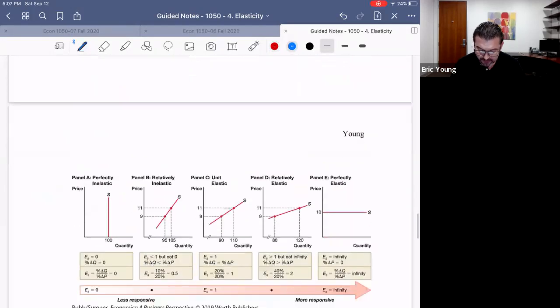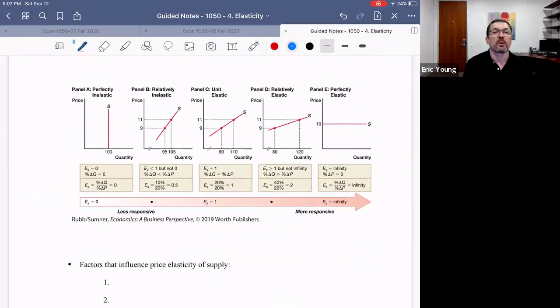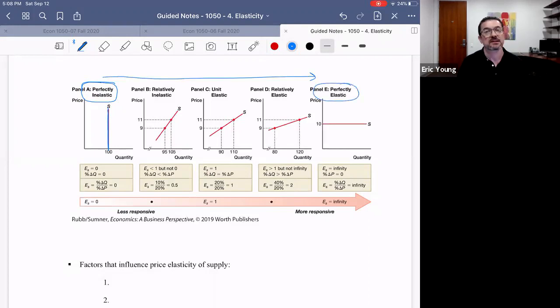Now, we also have the extreme cases. So much like we had with price elasticity of demand, we're going to have one really far extreme case that would be perfectly inelastic. And you notice that the perfectly inelastic supply curve is completely vertical. And that means that price changes would have no effect on the amount that's produced. On the other hand, as we go along the continuum, we have at the far end perfectly elastic supply.